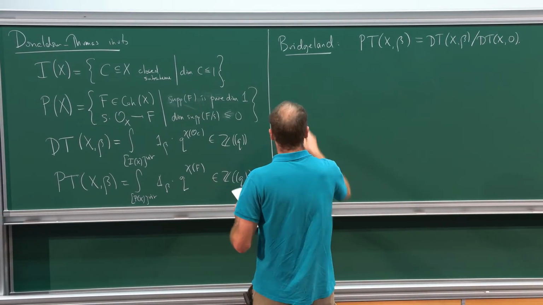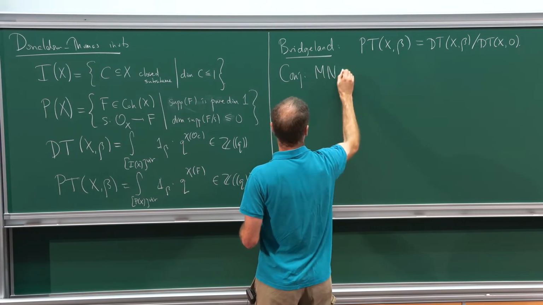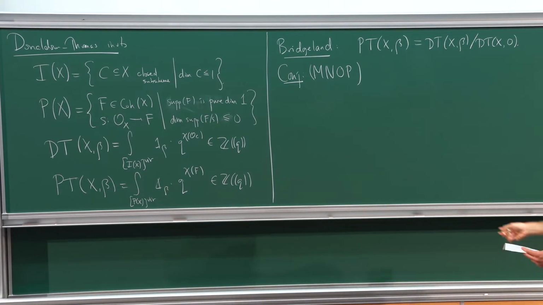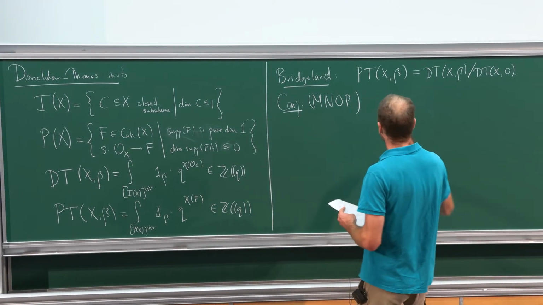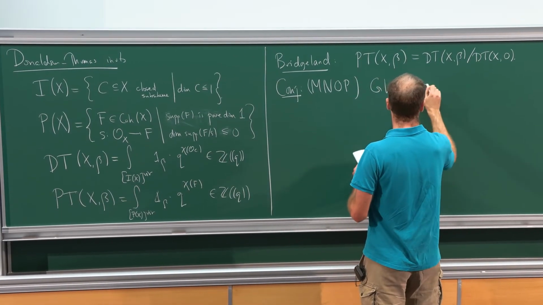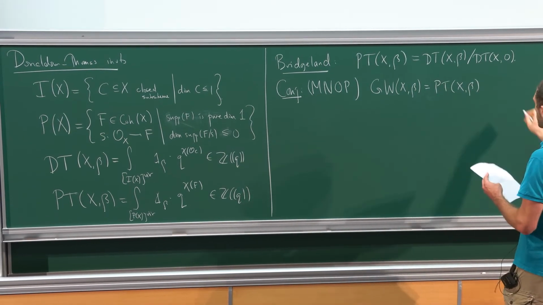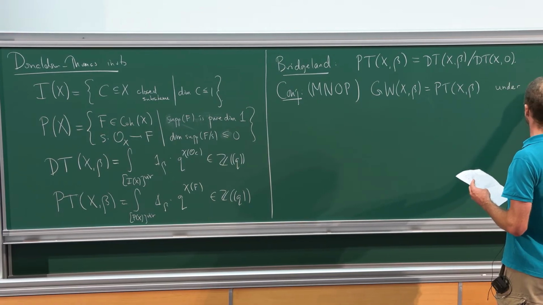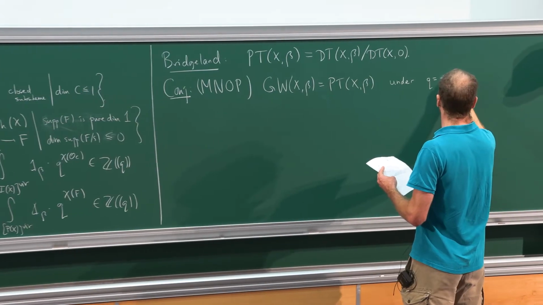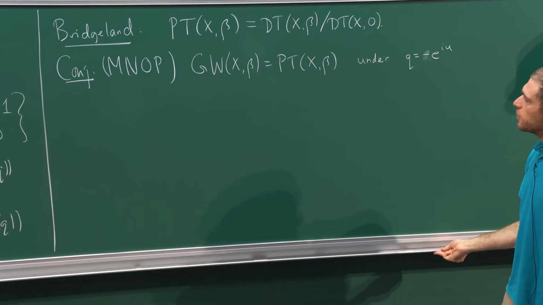Now there's another conjecture of Maulik, Nekrasov, Okounkov, and Pandharipande, which is perhaps more mysterious, which states that in this normalization, these 2 invariants are equal under this change of variables q equals minus e to the iu.